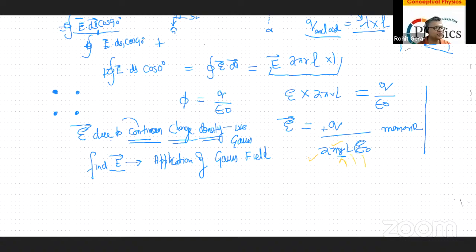If I collect these two, the charge on that L length and L, what will they be called as? It is nothing but lambda, the total charge enclosed on length L. If you divide these two, what will it give you?